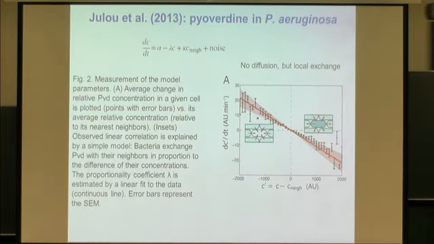So what they've shown is that if you look at the difference in concentration between the focal cell and the neighbors, and the change in concentration over time, you have this linear relationship. And you can explain this with a model assuming that the pyoverdin is swapped between the neighboring cells. So if the focal cell has more pyoverdin, it gives off pyoverdin to its neighbors, or the other way around. And that can explain these data. And that's kind of fine.